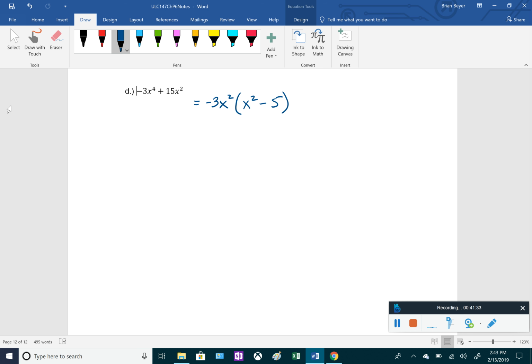Okay, so once again, we could say that we're done here and x squared minus 5 is prime, or you could chop it up as x plus radical 5 times x minus radical 5. I'm just going to say this one's done instead of splitting it up. Okay, so that one was almost difference of squares, but it wasn't. Okay, so that is it for section P6.